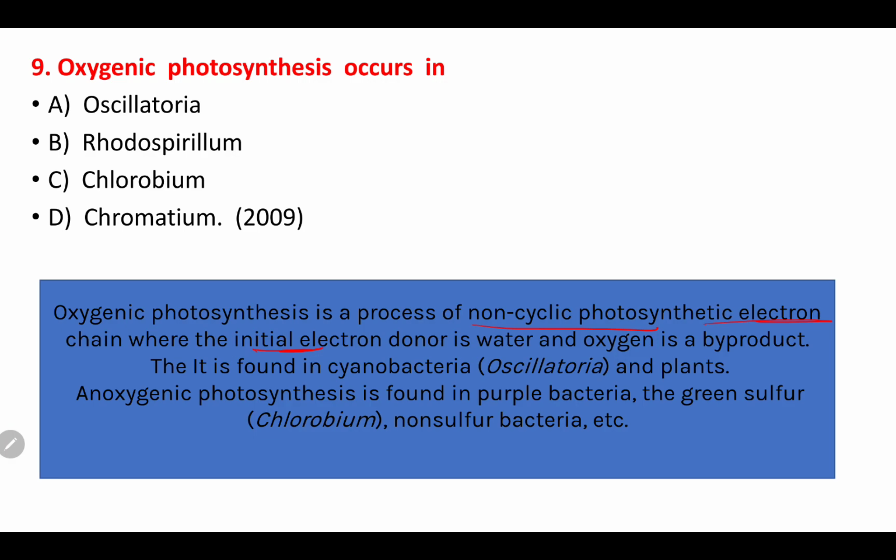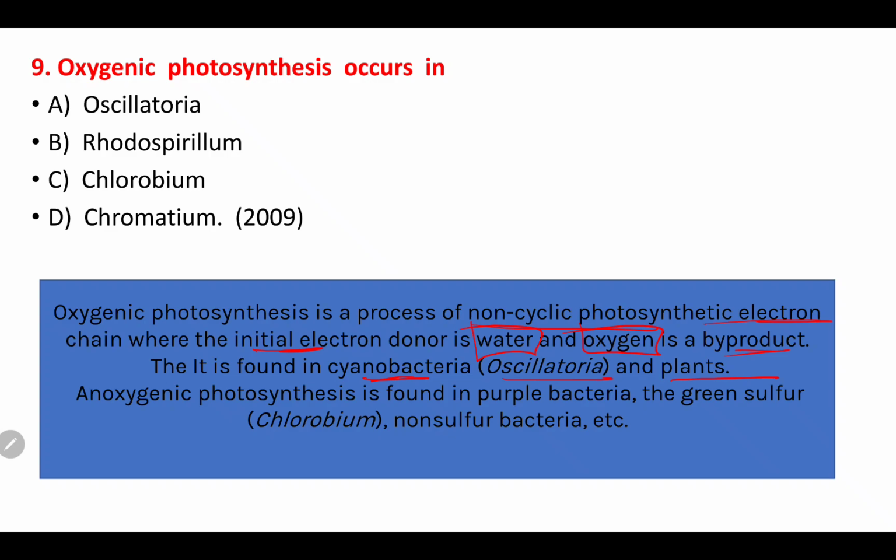Here the initial electron donor is water, and oxygen is released as a byproduct. And this kind of photosynthesis is found in cyanobacteria or Oscillatoria and in plants.